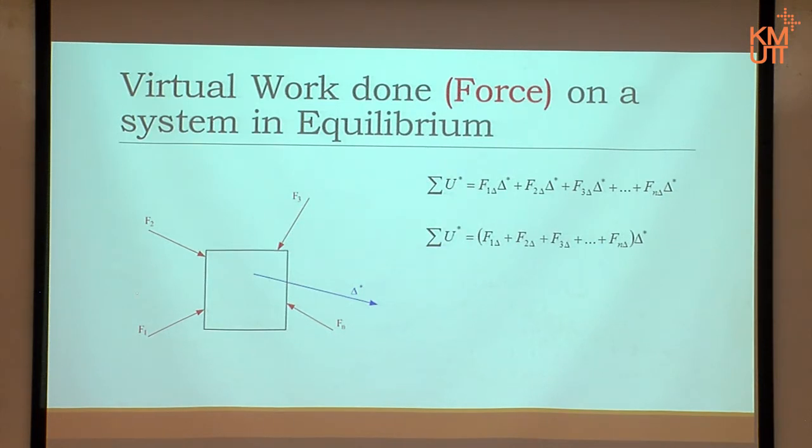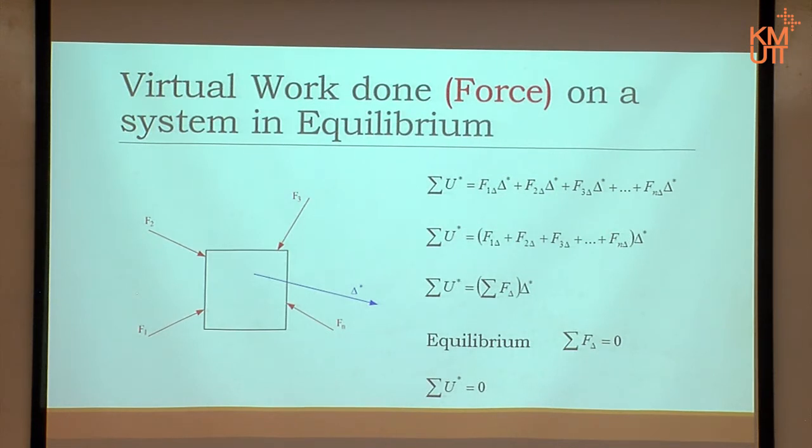We argue that in this system, the body is in equilibrium. If the body is in equilibrium, it means that the summation of all these forces must be zero, right? If the summation of force is zero, then it doesn't matter what delta star is, the total work done must be zero. I repeat myself, delta star is an assumed, imaginary value, we don't know what it is, but it's not zero.